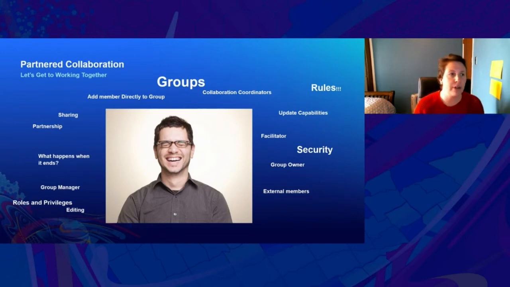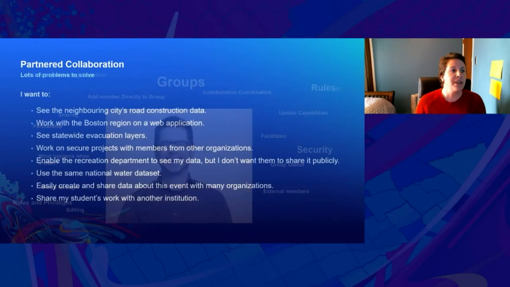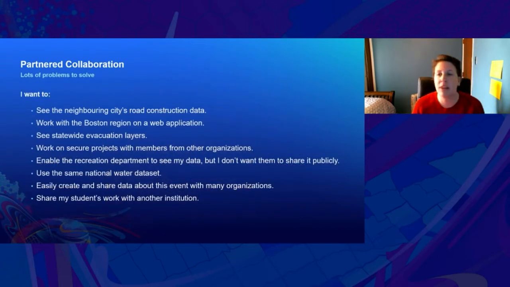So if we think about it, here are some of the things that we've heard from customers about what they want to do to work together. They want to work with a neighboring city to understand their construction road data, seeing their actual data privately as it's being updated. Or they want to work together with a region on a single web application.